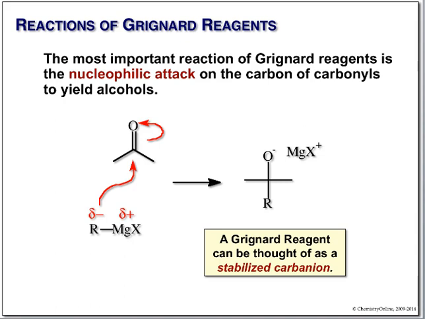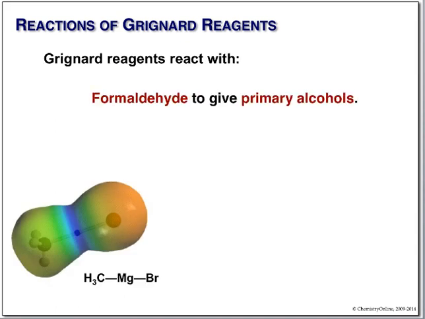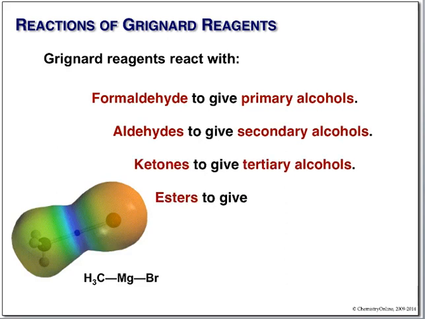Things to remember. If we take a Grignard reagent and react it with formaldehyde, a carbonyl with a hydrogen on both sides, also called methanal, that will give us a primary alcohol. If we react a Grignard with an aldehyde, we will get a secondary alcohol.